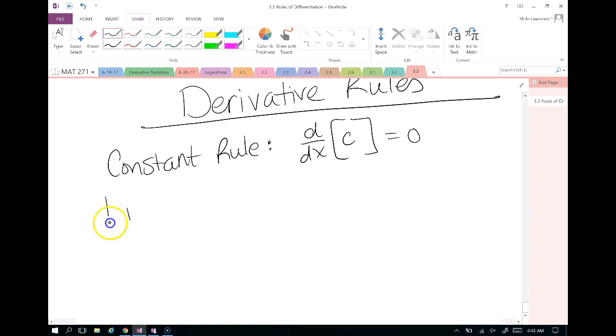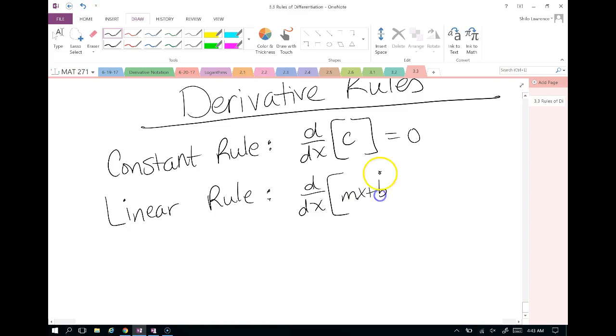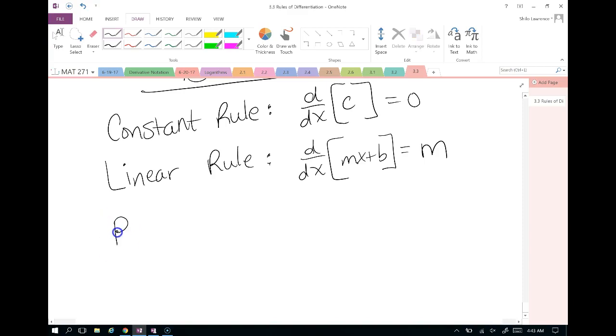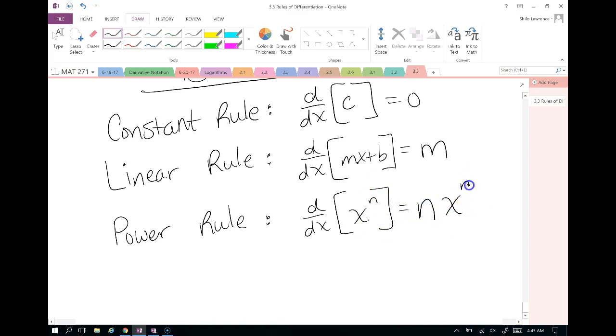And then we had the linear rule that says the derivative of any linear function. Remember, derivative is tangent slope, so it's just the slope, which is always the coefficient on your x. And then we had the power rule, which says the derivative of x to any power. You're going to bring the old power out front and subtract 1 to get the new power.